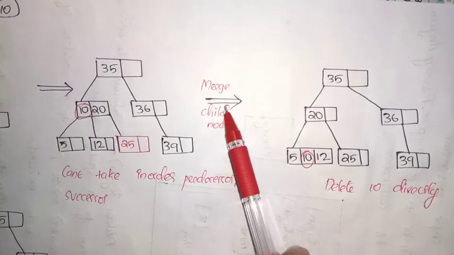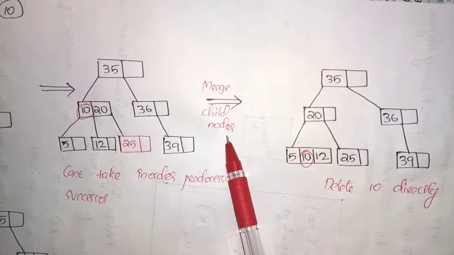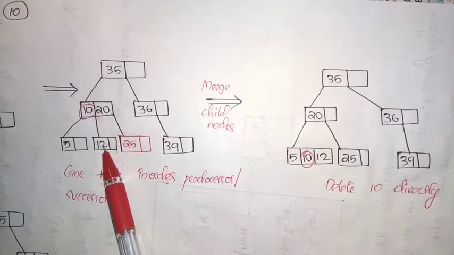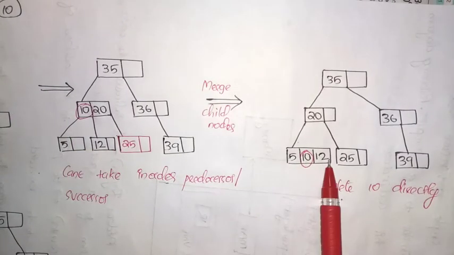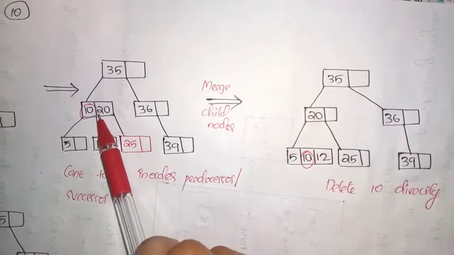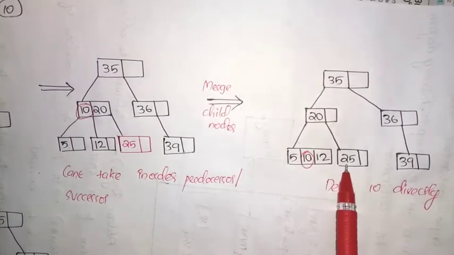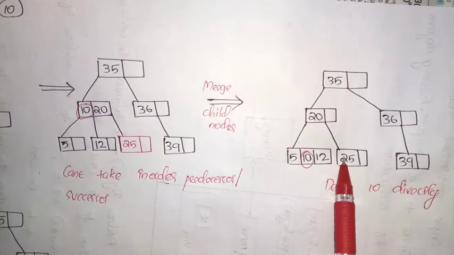So the merging will take place in such a manner that this 5, 10 and 12 are placed in a single node and become the left child of 20. 25 is the right child of 20, written as such.